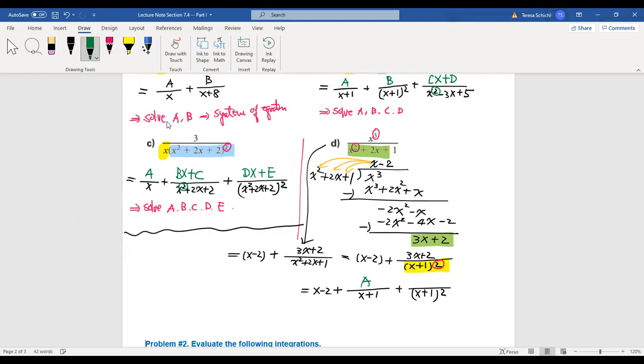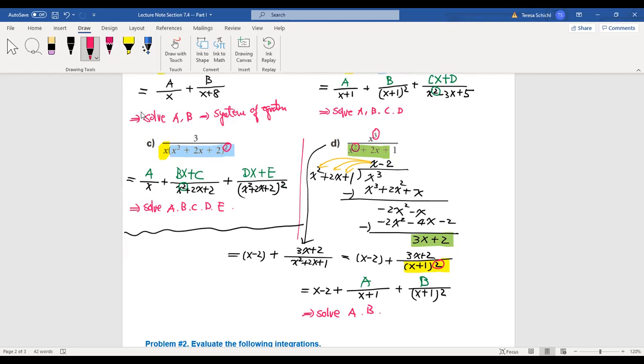And because these are the same term with a higher power, I still use the term one degree lower than the original, so here it is B, right? So for this problem, you are going to solve the constants A and B. You're probably going to have two equations and two variables to solve, right?